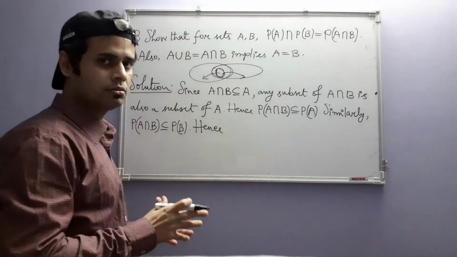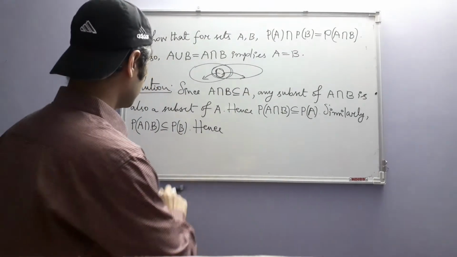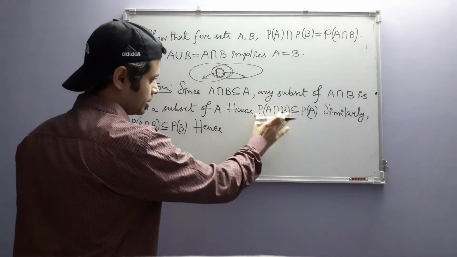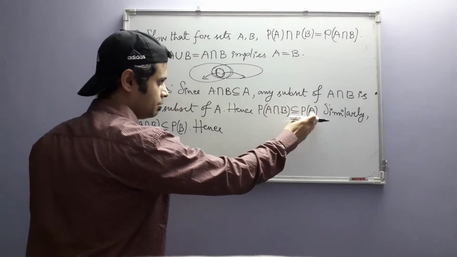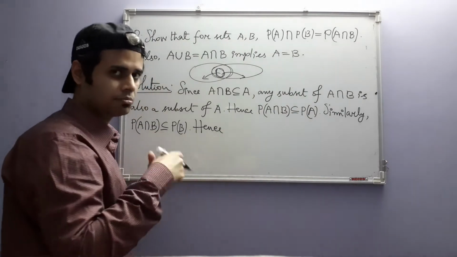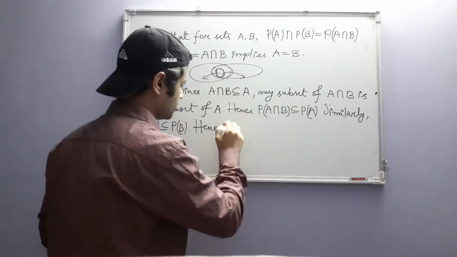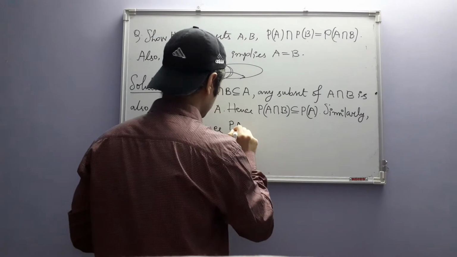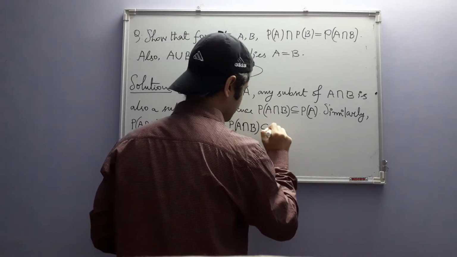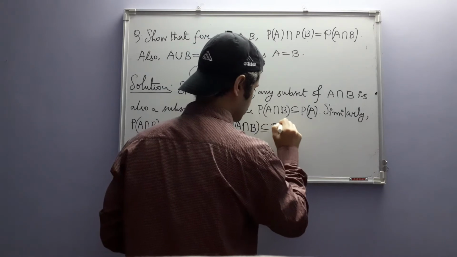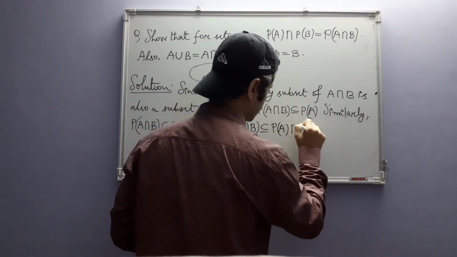It will belong to both of them. So here also the same thing: P(A intersection B) is a set contained in both P(A) and P(B), so it will be contained in their intersection.